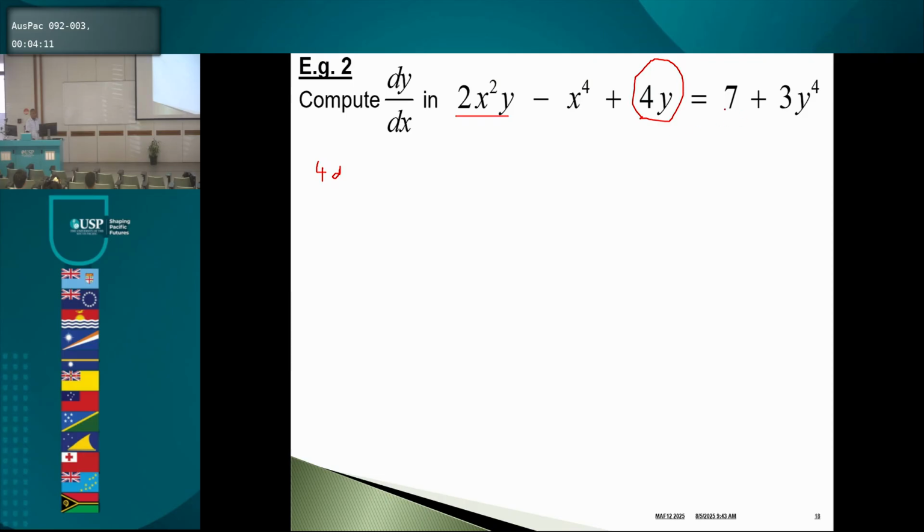Again, like I said, wherever you differentiate y's, attach dy over dx. 3y to the 4, 12y cubed dy over dx. Differentiate this y, 1 dy over dx. So we'll use the product rule here.